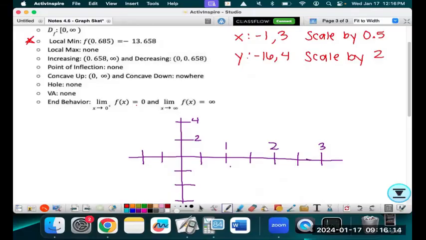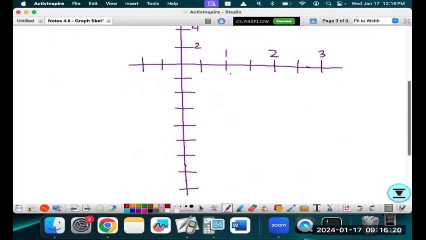All right, so 0.658 and -13.658. 4, 6, 8, 10, 12, a little bit further. Okay. And what I do when I'm doing any local extrema is I will write local min or local max around them. That way, when I'm going to graph, I know that that's going to be like a turning point there.